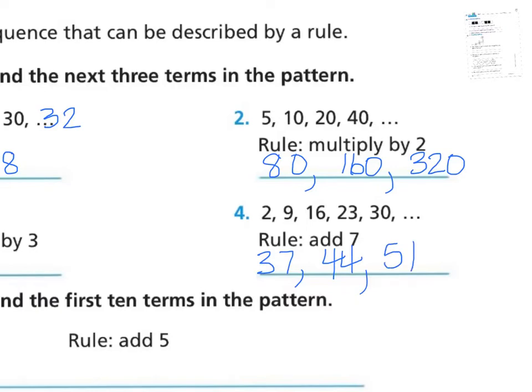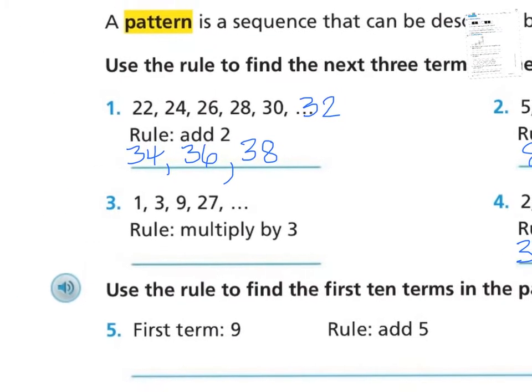Adding, multiplying, adding. Well, now we have another multiplication one here by 3. So 27 times 3. I'm going to do it off to the side here just so you can see. I'm physically multiplying it by 3. 3 times 7 is 21. Carry the 2. 2 times 3 is 6. Plus 2 more is 81.